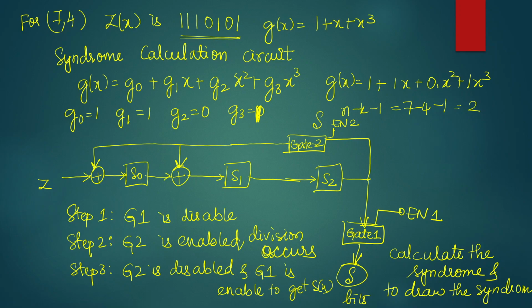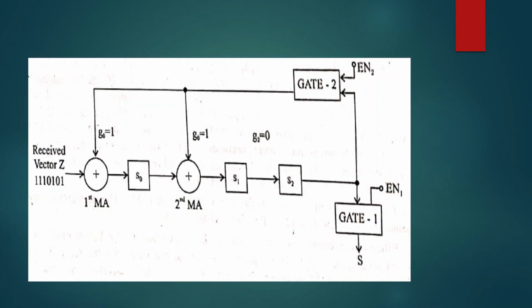So let us look at the problem for this particular case, how to obtain the syndrome polynomial. Okay, so this is the circuit that we just wrote. Let me consider this received vector. We always assume that the highest power of x will enter the shift register first.